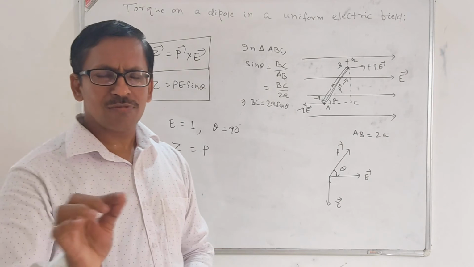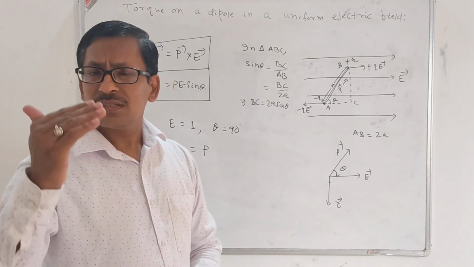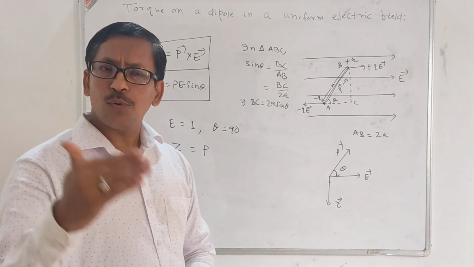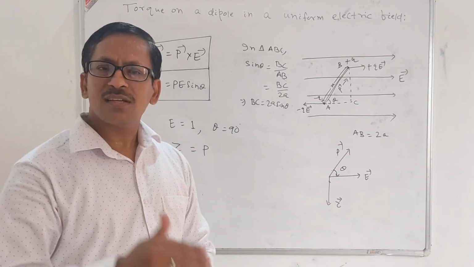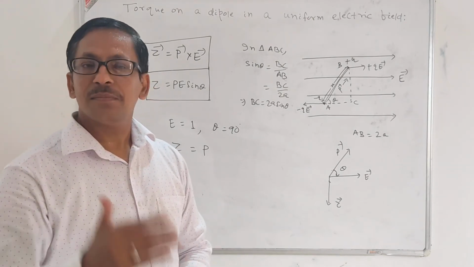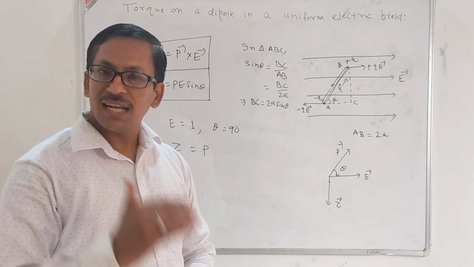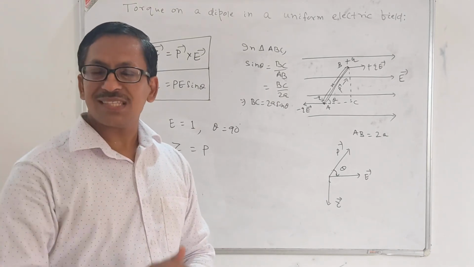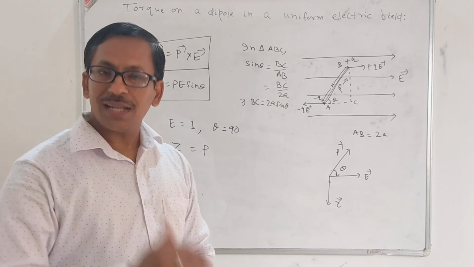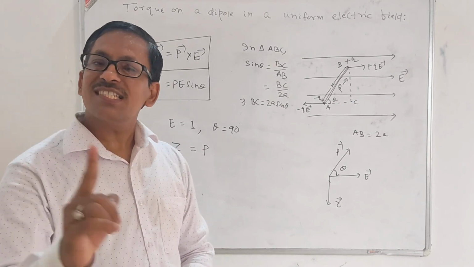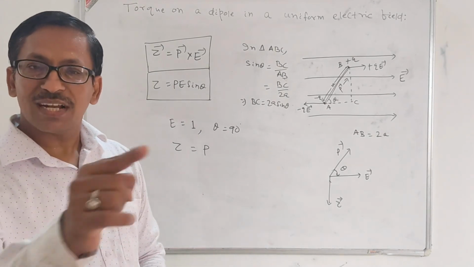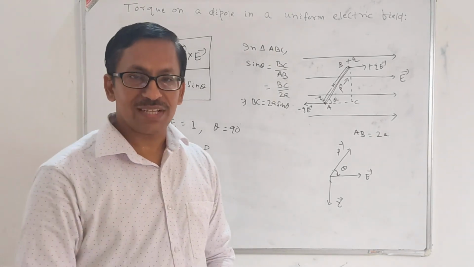Or in short you can say the electric dipole moment is numerically equal to the torque experienced by an electric dipole when placed perpendicular to a uniform electric field of unit strength. This way you can define the electric dipole moment.